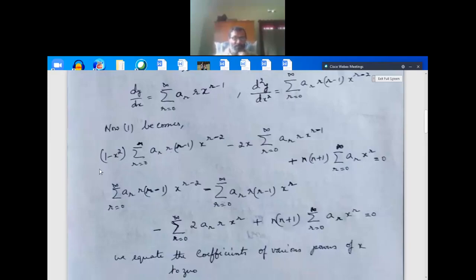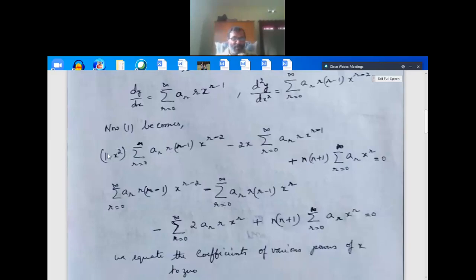Now after substituting this, our aim is to multiply this. When you multiply 1, it is the same thing, so we get sigma r equals 0 to infinity ar into r into r minus 1, this x power r minus 2. Then minus, plus into minus is minus.